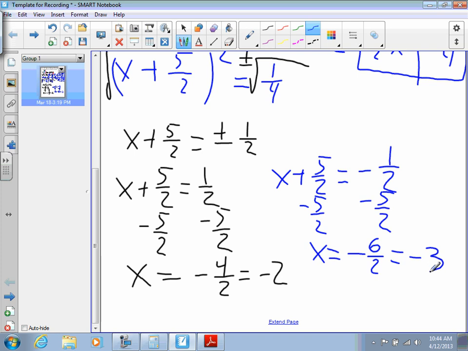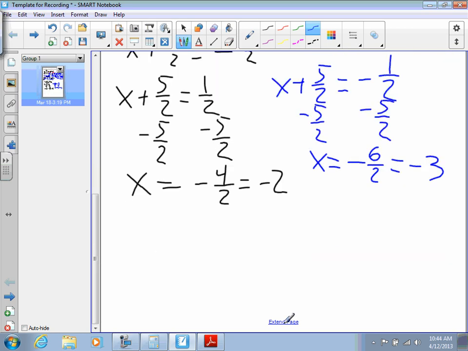So now, move this all the way down. Okay, extend the page. So now x equals, sorry, I should write it in its reduced form. x equals negative 2 and negative 3.